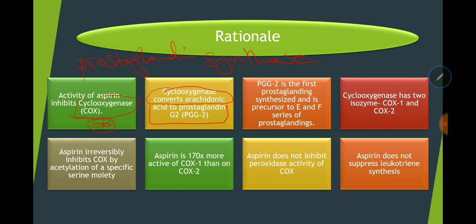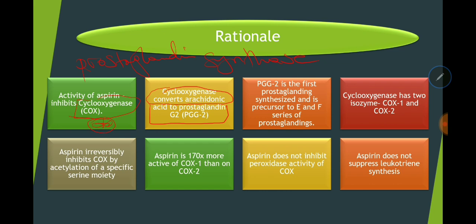Remember, you have phospholipase A breaking down the cell membrane during inflammation. And once the cell membrane is broken down, now you get arachidonic acid.